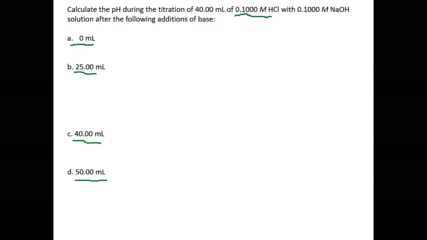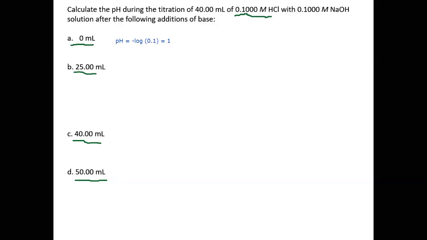For 0 milliliters, all you do is take the concentration of the acid and take the negative log of it. So negative log of 0.1 equals 1. So the initial pH is 1.